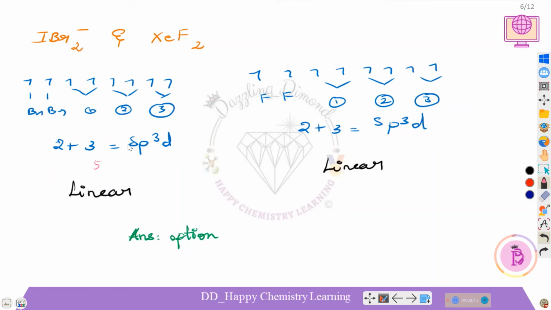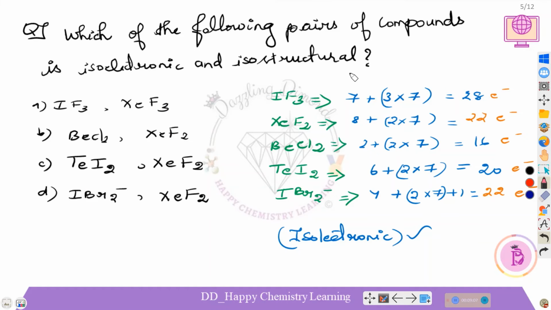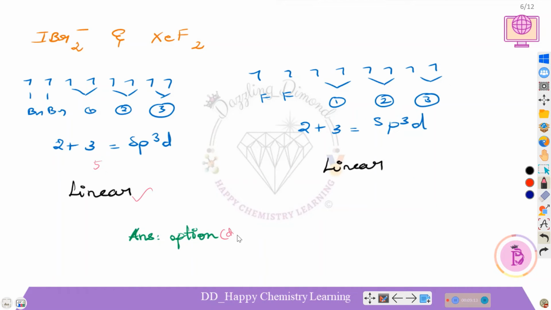And the corresponding hybridization is sp3d, and since it has 3 lone pairs, it has linear shape. For XeF2, like that, it has 2 bond pairs plus 3 lone pairs, hence the hybridization is sp3d, so the corresponding shape is linear, right? So this has both isostructural and isoelectronic species, so option D is the correct answer.